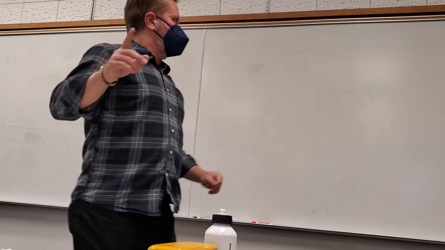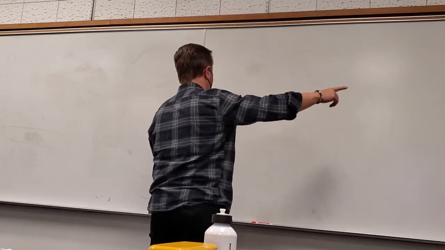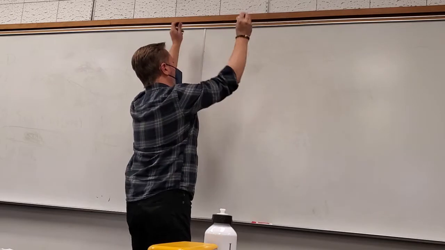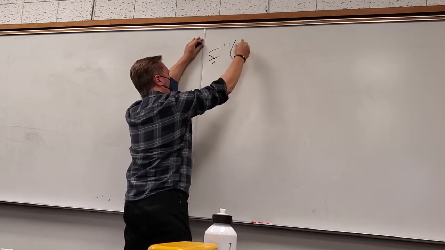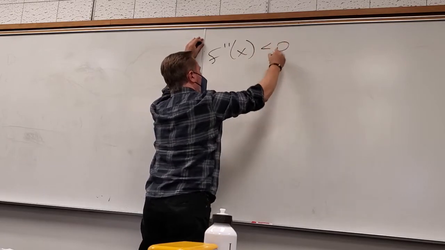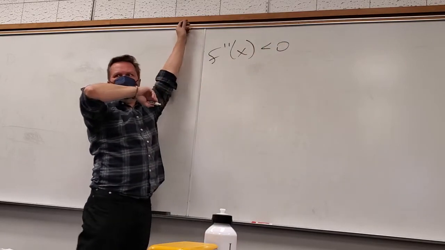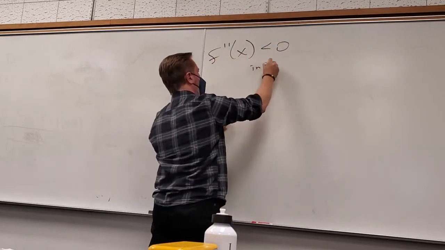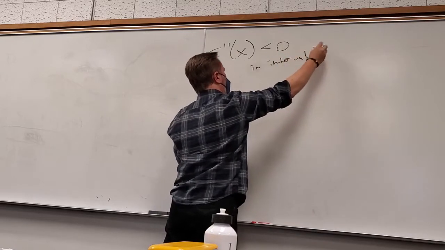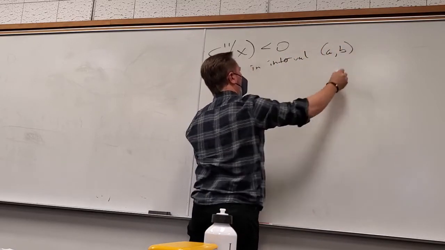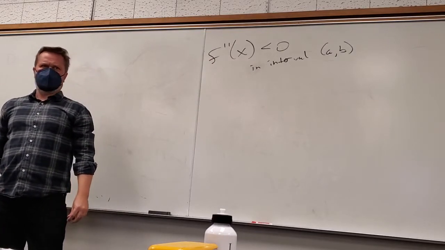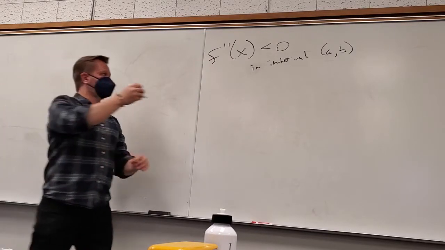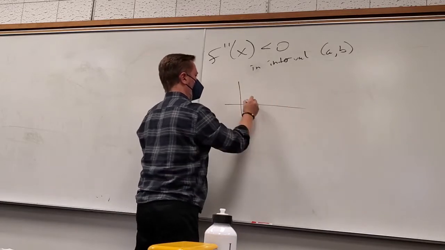Okay, so a couple things to finish up. Somebody help me out, remind me, what does this mean for a function? Let's say in the interval a to b, the second derivative is greater than 0.